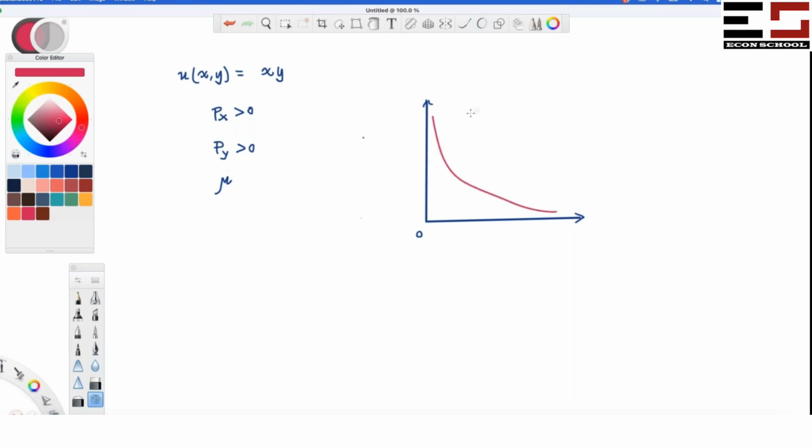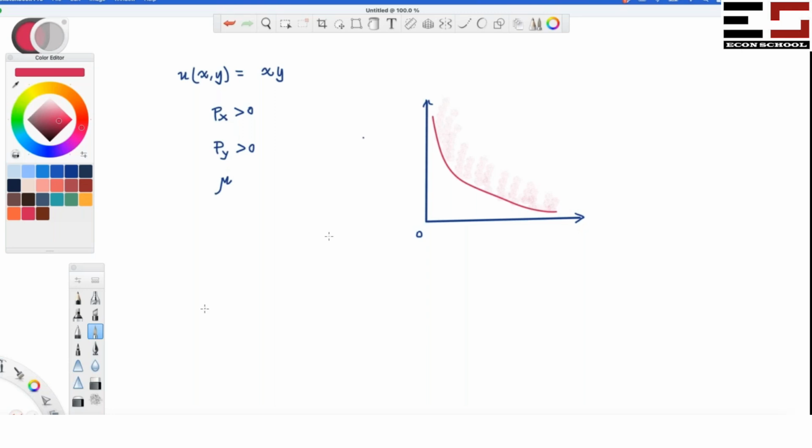It will be like this region. Yes or no? And then of course you want to achieve a point in this set that is least costly, given the prices.